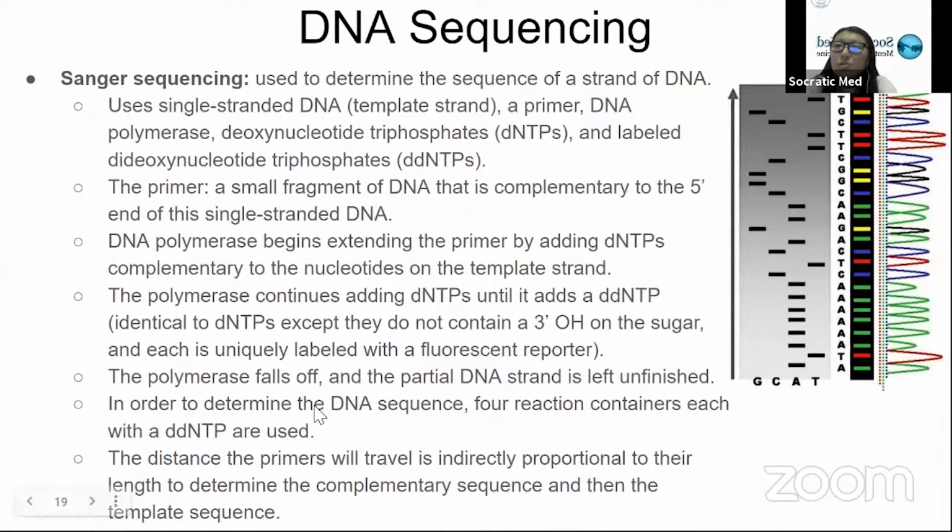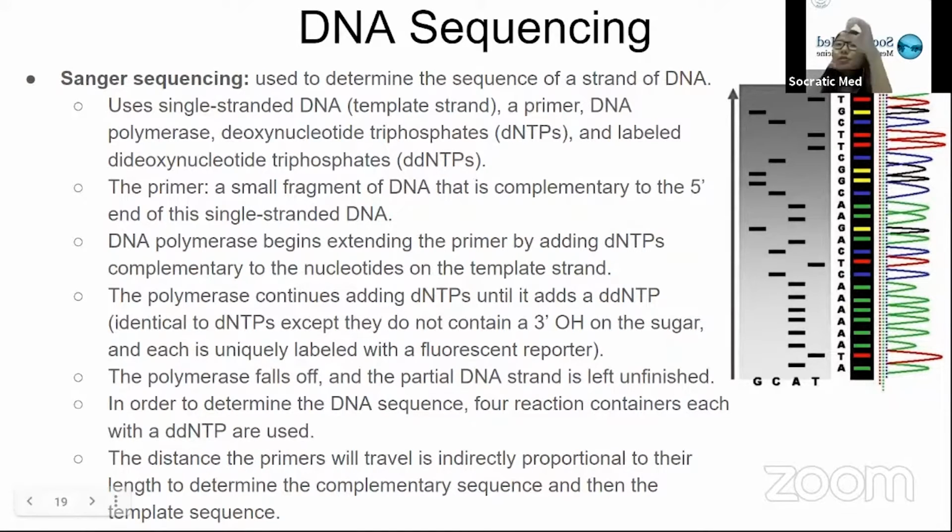In order to determine the full DNA sequence, usually there are 4 reaction containers, one for each of the nucleotides, A, T, G, and C, and so one for each of the ddNTPs. Then from that, the distance the fragments travel is inversely proportional to their length, to determine the complementary sequence and then the template sequence.